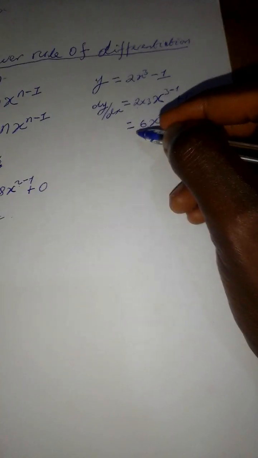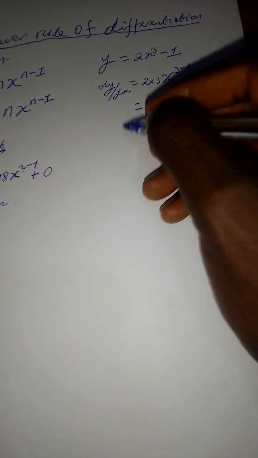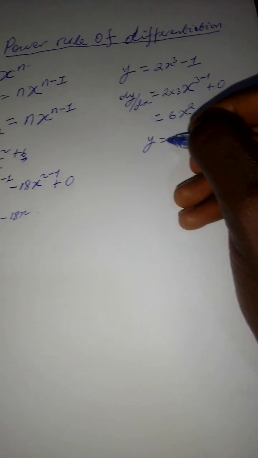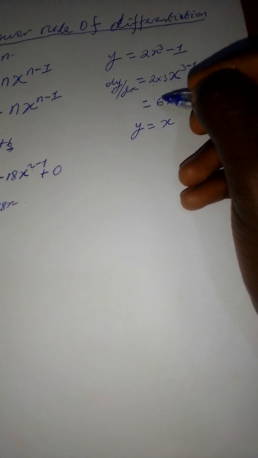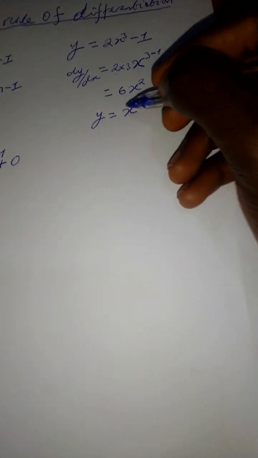So let's go through the next question. What if we have our y to be equal to x? You can just pause the video and try to solve this, and you come and check your answer later. When y is equal to x, you should look for dy/dx.